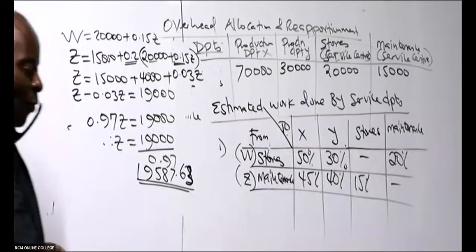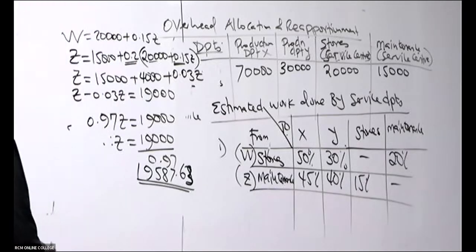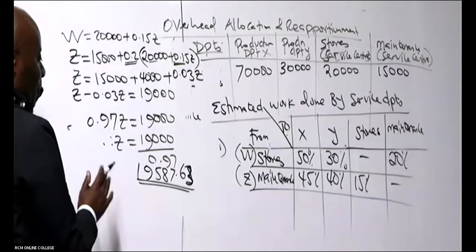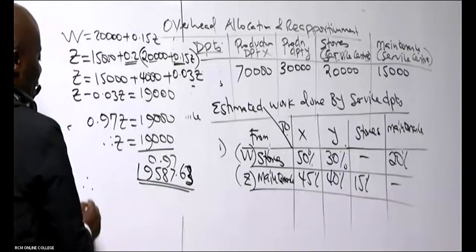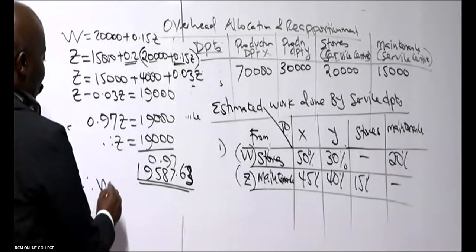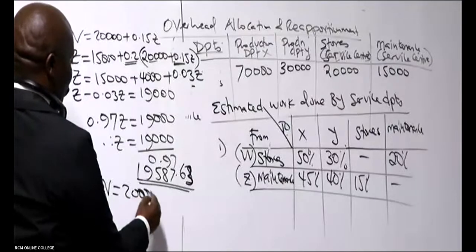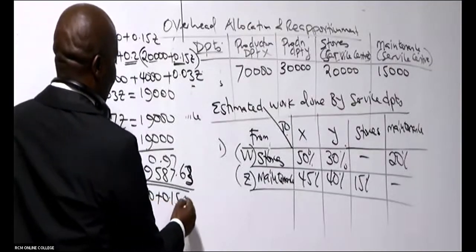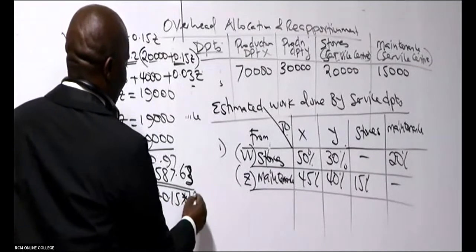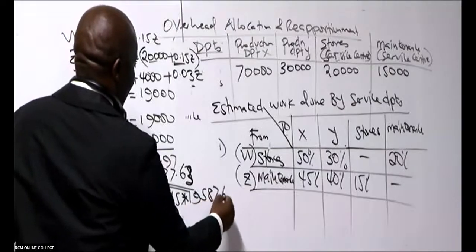Therefore, always in mathematics, you want to scare the examiner to think that you're very bright using therefore. Therefore, W will be 20,000 plus 0.15 Z. And our Z is 19,587.63.